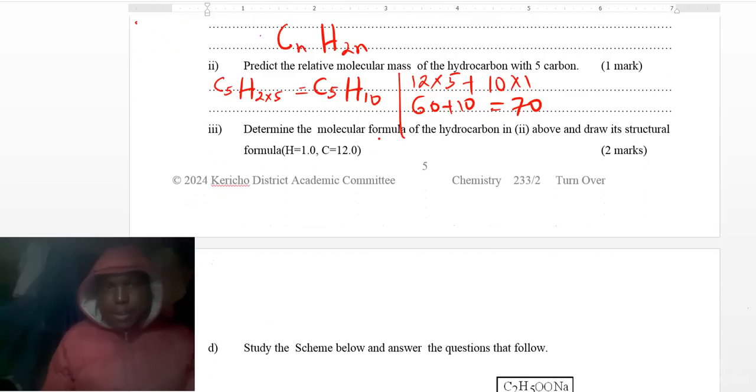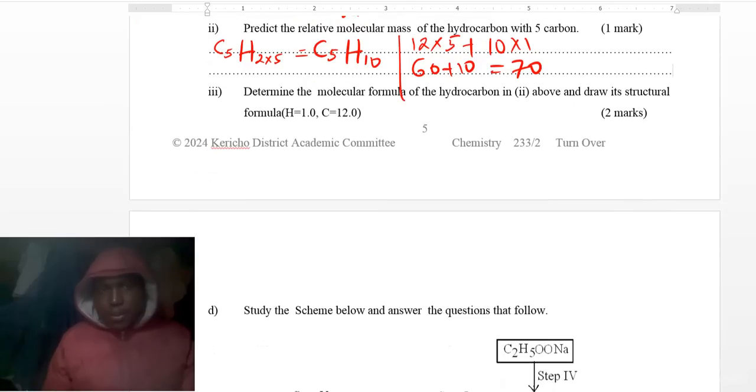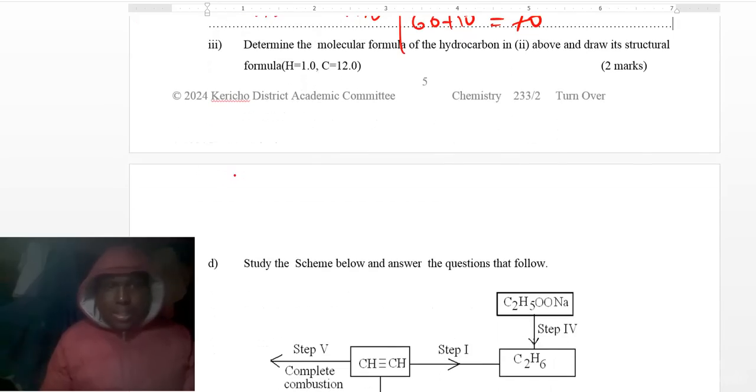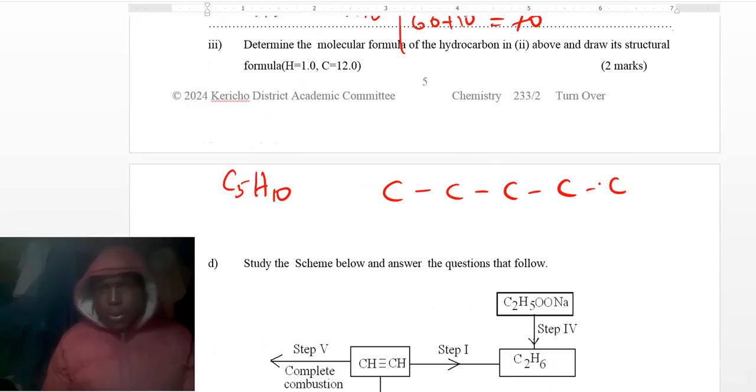Determine the molecular formula of the hydrocarbon and draw the structural formula. So we will determine that. That one is C5H10, and the structural formula is 1, 2, 3, 4, 5, and we put a double bond there. Here we will have hydrogen, there we will have hydrogen, 1, 2, 3, 4.